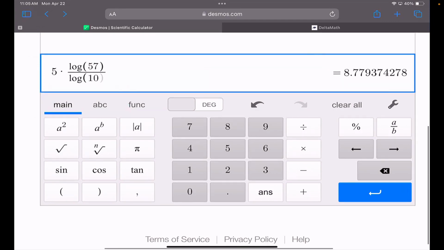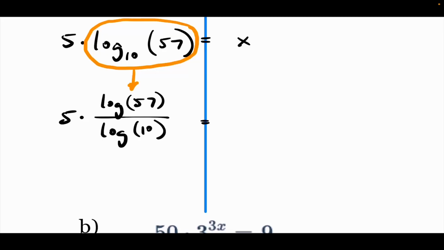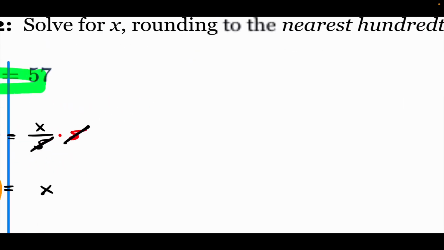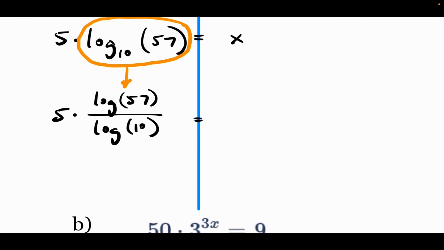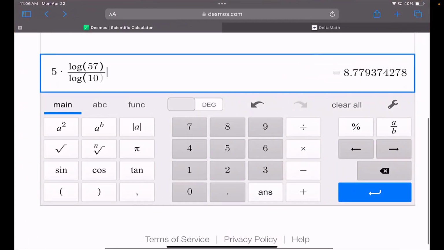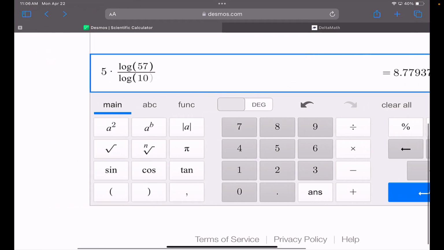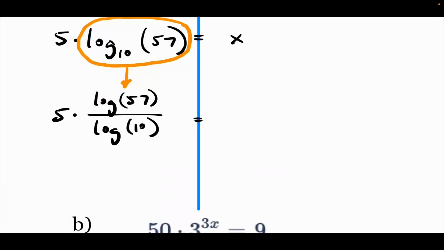Well, they want us to round this time, to the hundredth. The hundredth is only 2 spaces, so that's the second 7. The second 7 is going to go up to become an 8. 8.78. Done.